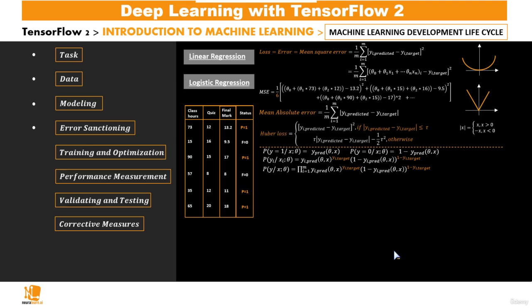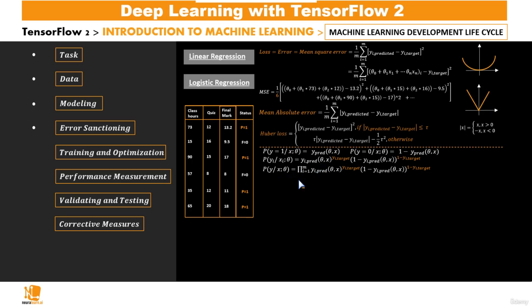In probability theory, we have the concept of maximum likelihood estimation, wherein we try to get the best possible parameters theta, which will ensure that when given inputs x, our distribution will give us outputs similar to the target outputs.